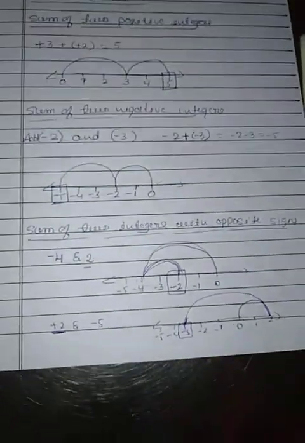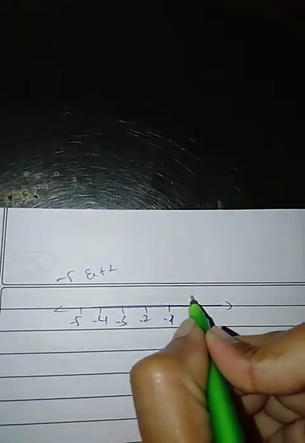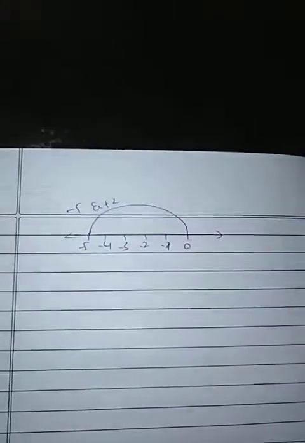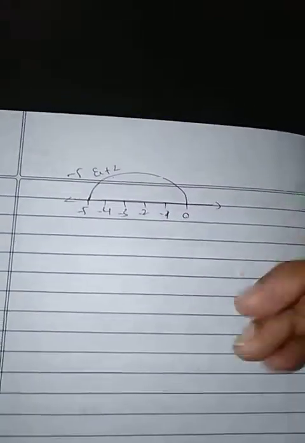So you can do it the other way. See here, first write the minus 5 and plus 2. The minus 5 means in the backward direction. So first move from 0 for 5 places for minus 5. Okay. So here plus 2 is there, that means we have to move in forward direction.